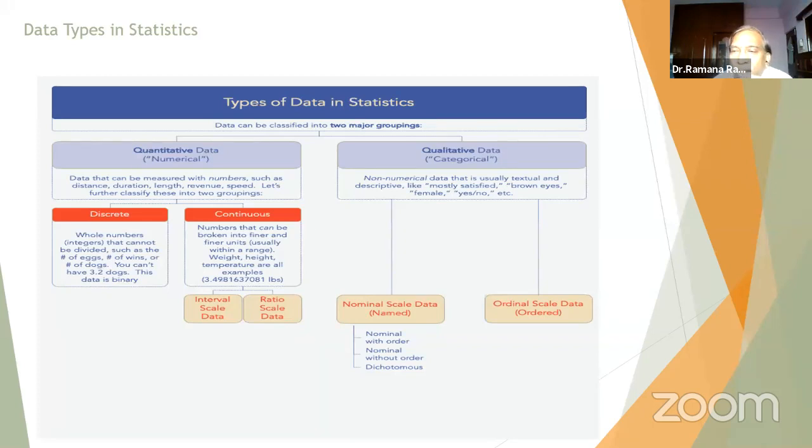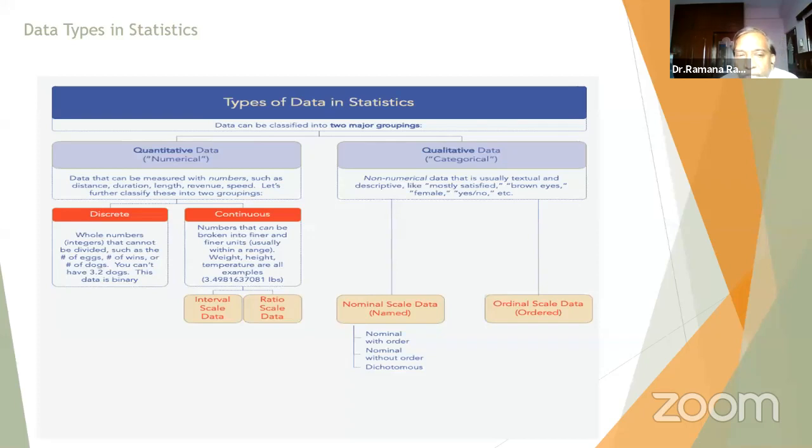How many defects? You will give a number: two defects, three defects, or five defects. There is nothing like a system having 2.5 defects. It doesn't make sense. So wherever a fraction doesn't make sense, it is discrete.